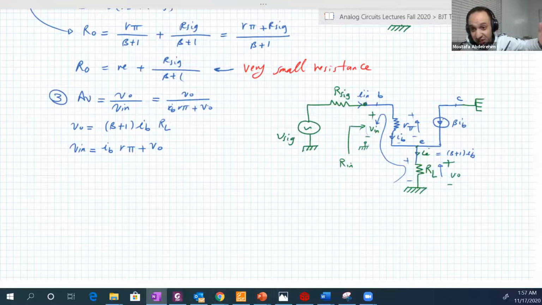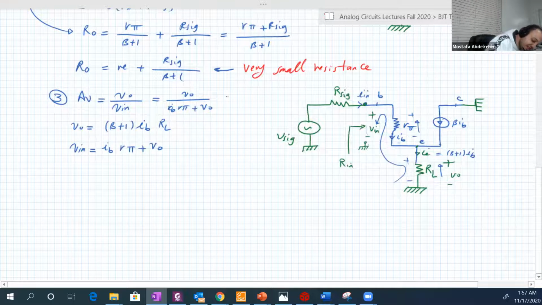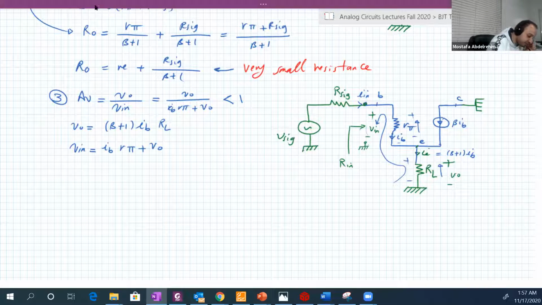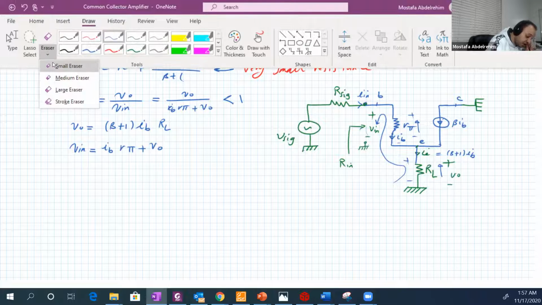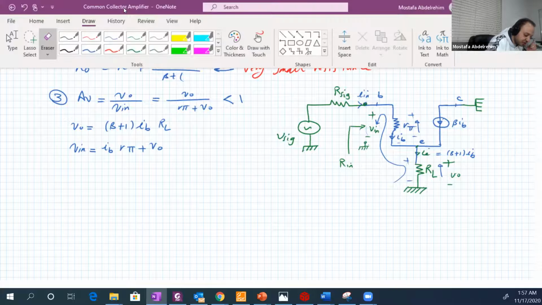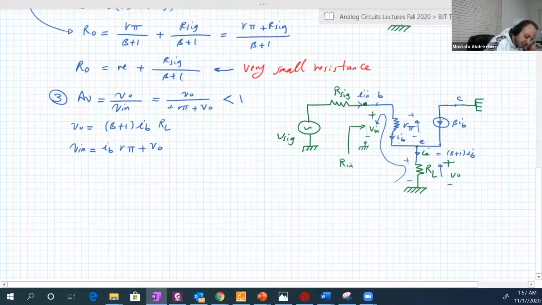It's not amplification. This is less than 1 because, of course, when you divide something by the same stuff plus another thing, which is positive, then you'll get something less than 1. Okay? So let's continue and see how far we reduced the voltage gain.